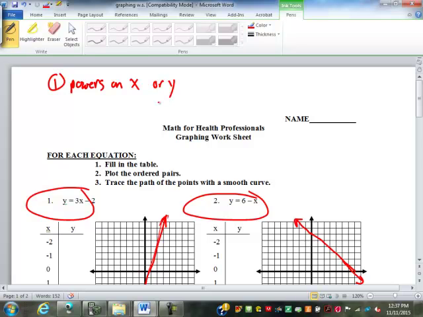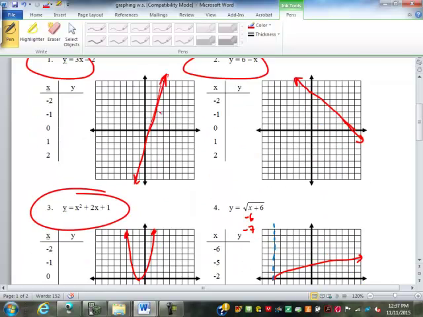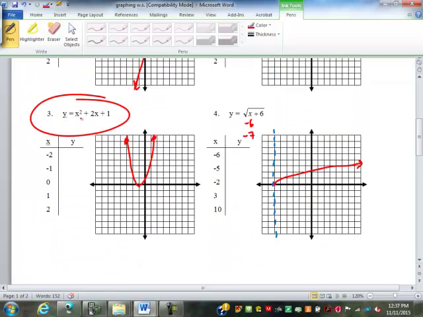Or y. If it was y squared, it wouldn't work either. By the way, what's included in powers? X squared, x to the third, y squared. Square root is a form of power. We kind of saw that earlier. The square root is actually the power of 1/2.